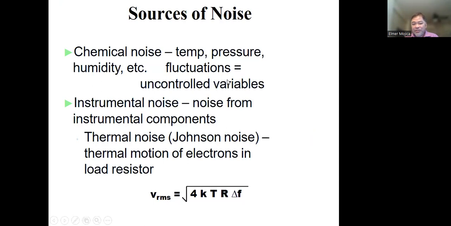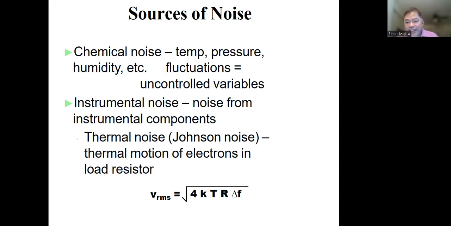Okay? So, what are these sources of noise that we have? The first one is the so-called chemical noise. When we have this chemical noise, this is just the result of chemical or physical properties of the sample. Temperature can play a role there, pressure, humidity.